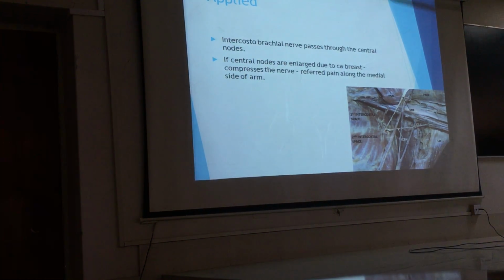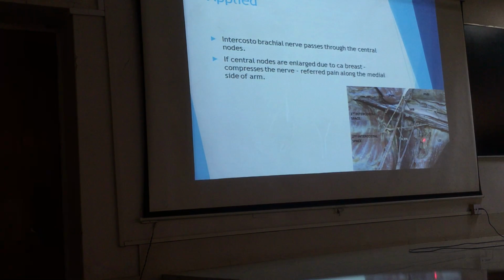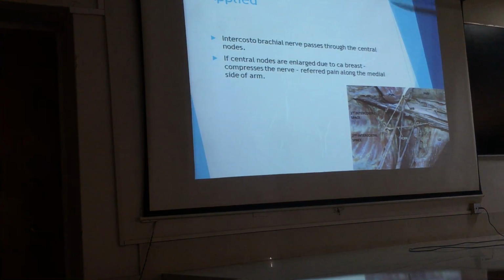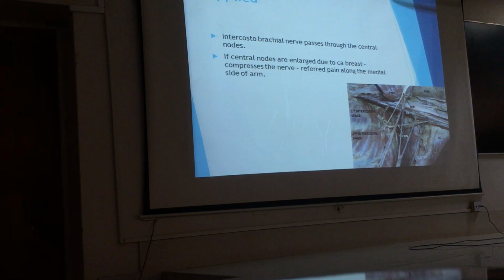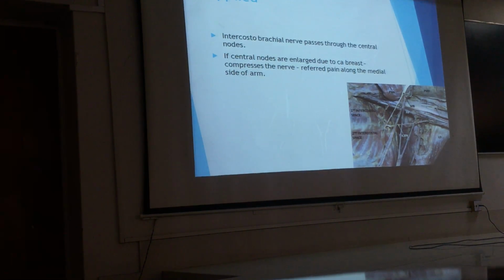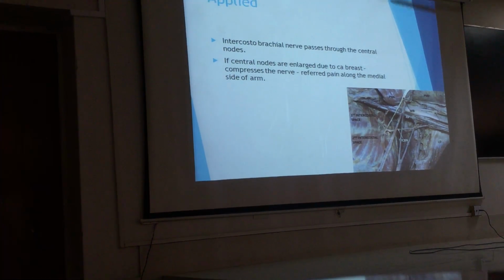There is a nerve which is passing. We call it as the intercostobrachial nerve. Now this intercostobrachial nerve is actually passing through the central nodes. If the nodes are enlarged because of anything like a carcinoma of the breast, the most common condition in malignancy, so what happened? It will put pressure on this nerve.